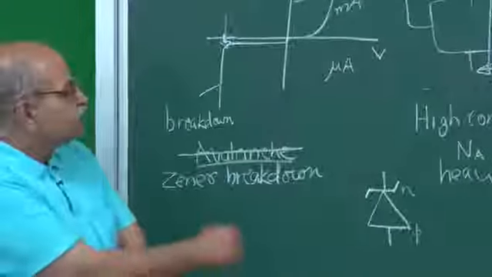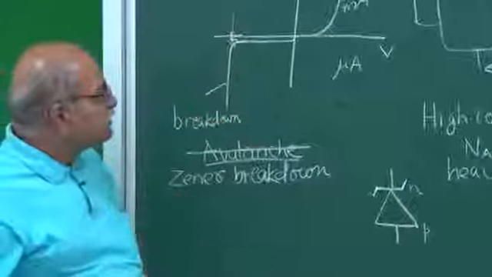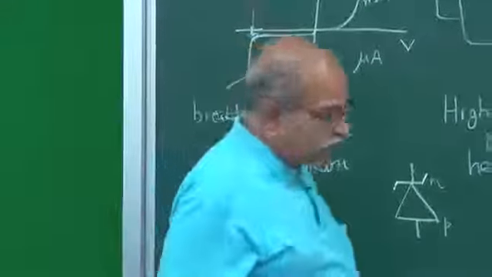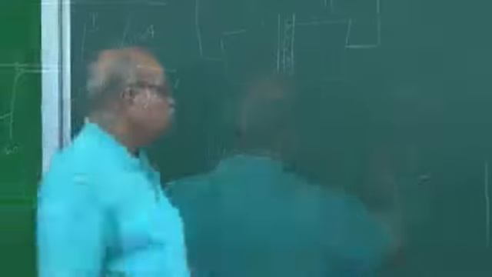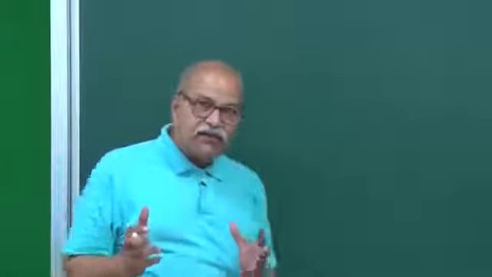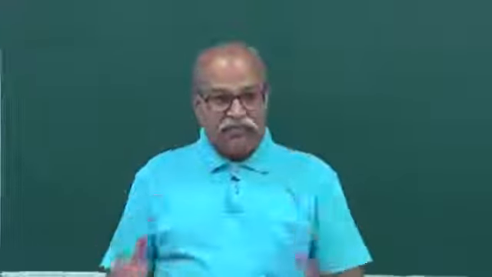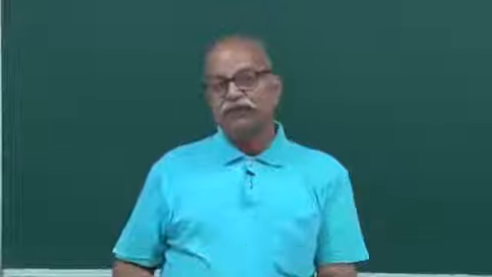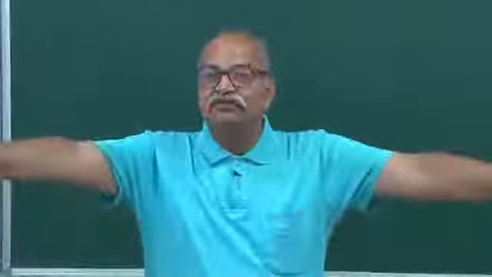Now let us see how this feature can be utilized for some useful purpose. Let us make a voltage regulator. When we use a power supply to get some DC voltage, the power supply is supposed to give me the DC voltage at one particular fixed voltage as a function of time.